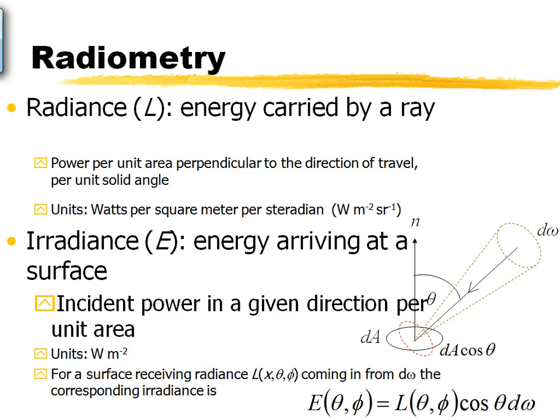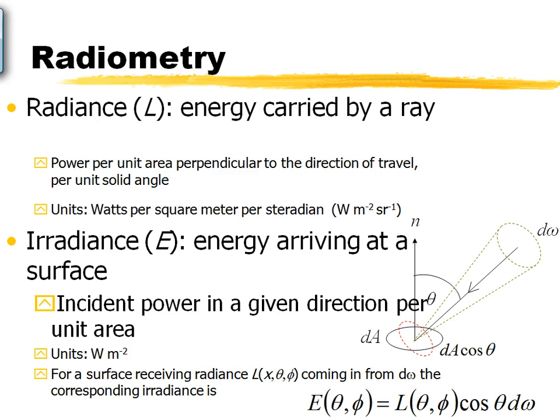All right, so let's first define some basic terms as we try to understand this relationship. The two basic components that we have to understand are radiance and irradiance. Radiance is essentially the energy that is carried by a particular ray of light.